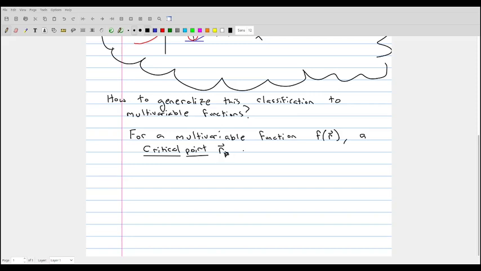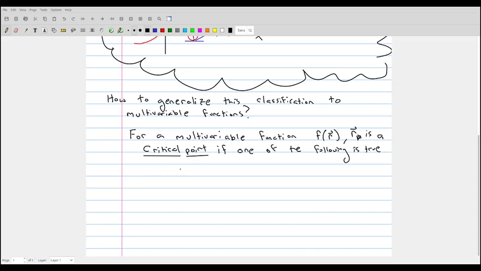The critical point r star is a critical point if one of the following is true.